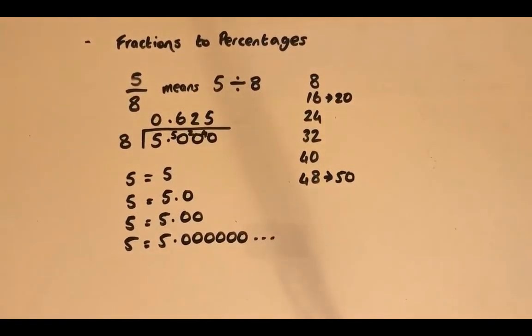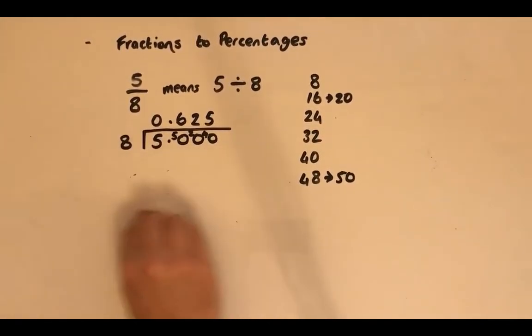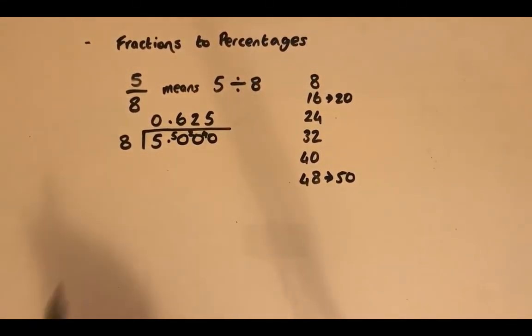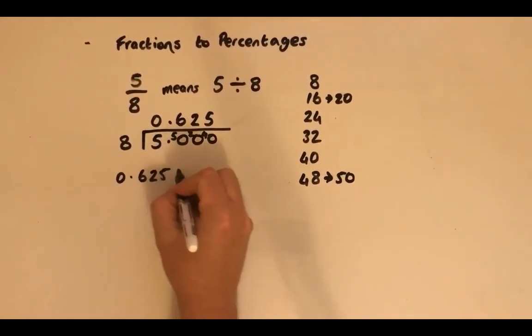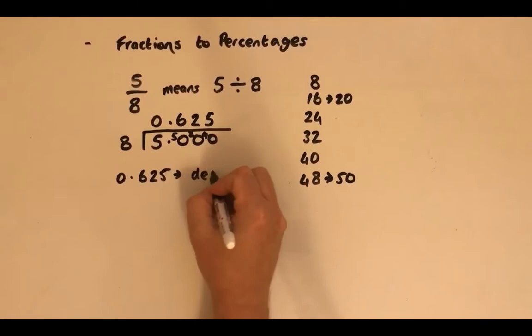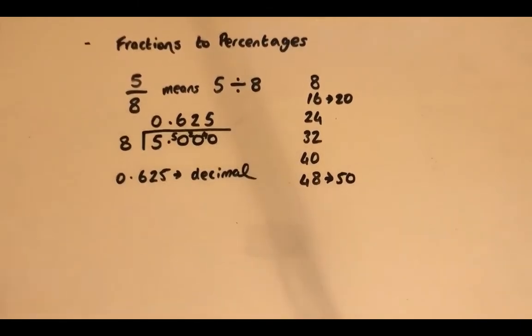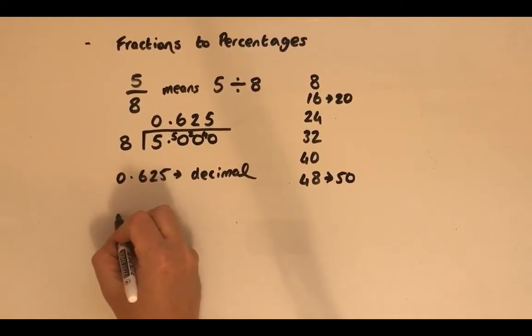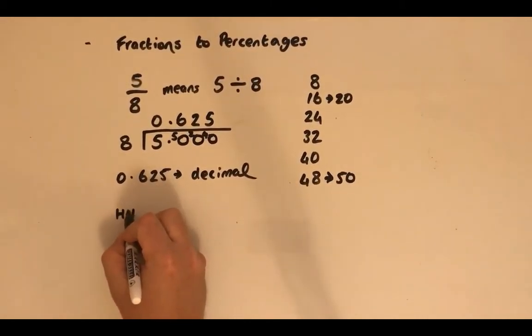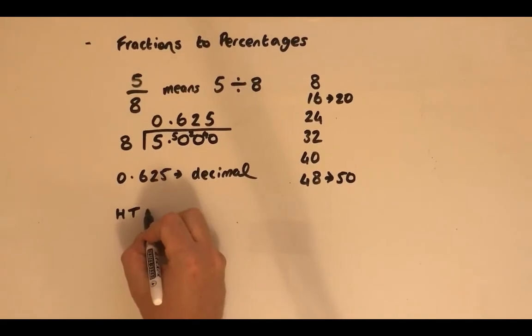Now it's very important at this point that you understand what you have got. Thinking about your place value, 0.625 is the decimal form. Going back to basics, let's put the place column headings down. We've got our hundreds, our tens, and our ones column.